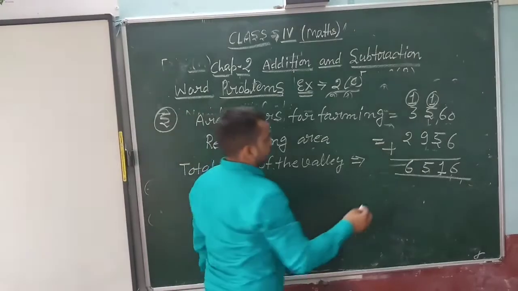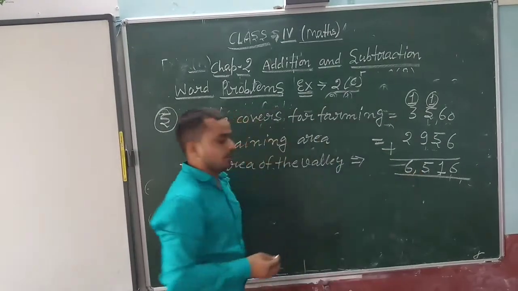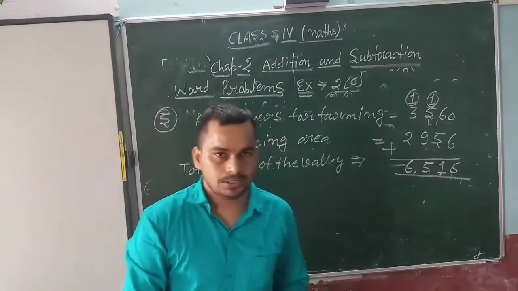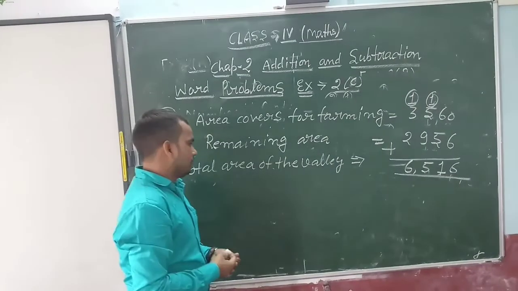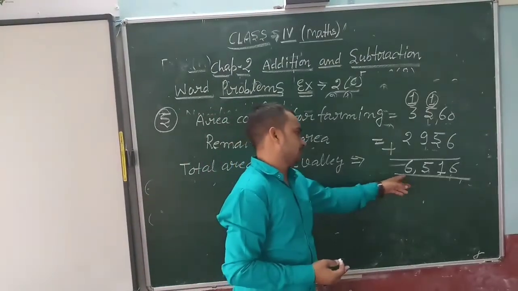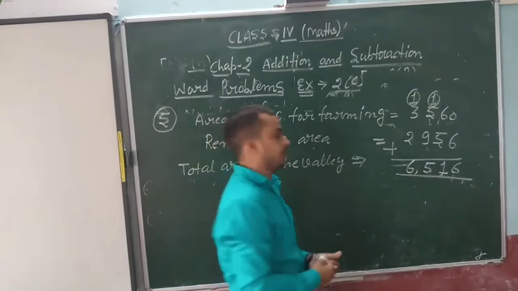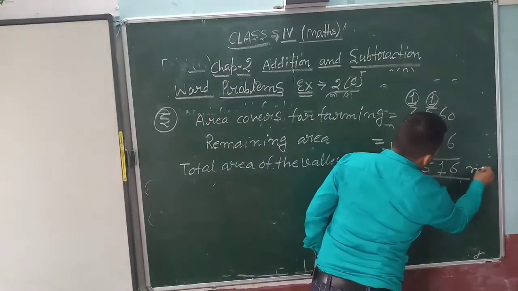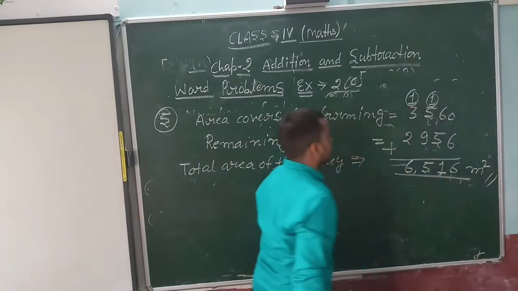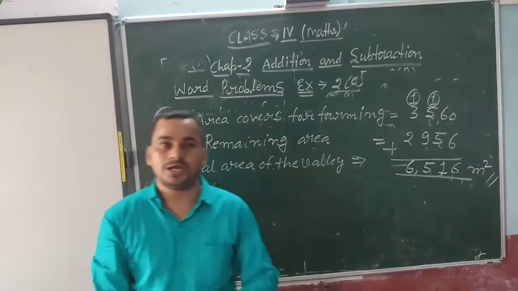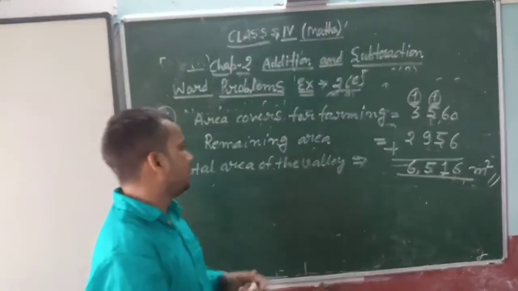So we have 6,516 as a sum. Thus total area of the valley is 6,516 square meter. That is the total area of the valley.